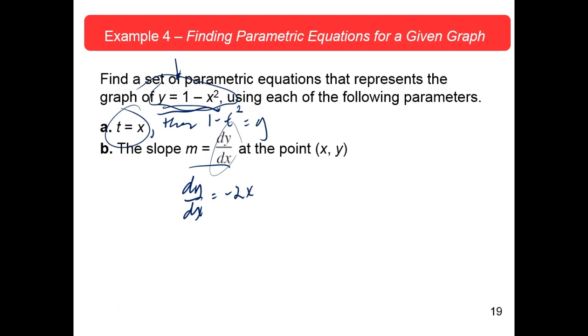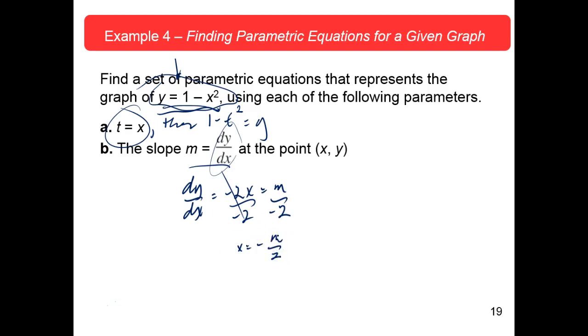So this must be m. Okay? So negative 2x is equal to m. So let's divide both sides by negative 2, and you get x is equal to minus m over 2.